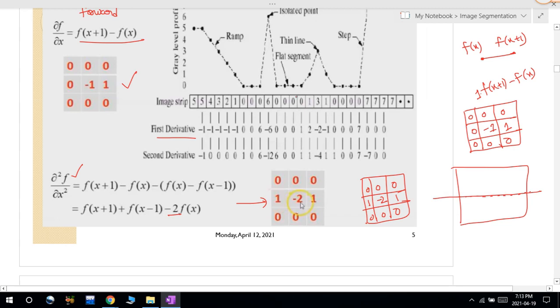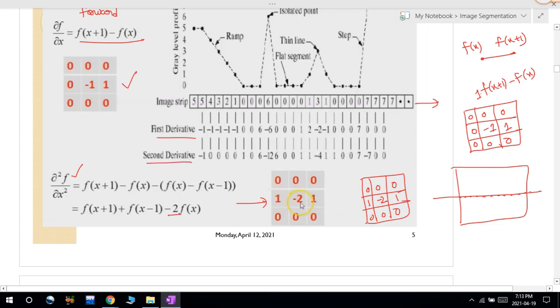If I consider those intensity values, then the change in the intensity values is found by differentiating from this value, from this value, from this value. That is your first derivative, which is nothing but 4 minus 5, that is minus 1, 3 minus 4, that is minus 1, 2 minus 3, minus 1, 1 minus 2, that is minus 1. Like this you are getting the first derivative.